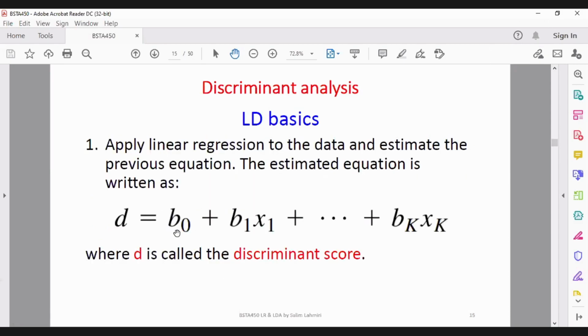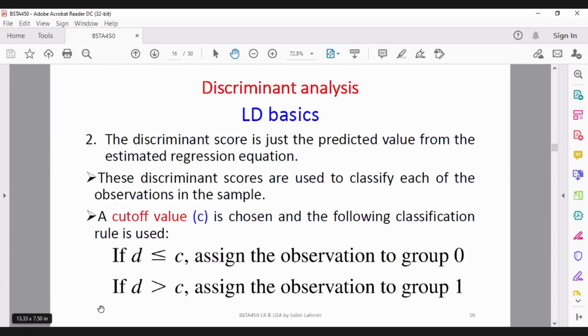And D is equal to B0 plus B1 x1 plus BK xk. So if you do have information on x's, you know the b's, you can get D. D will be automatically between 0 and 1. If D is less than the cutoff, then you assign the observation to group 0.